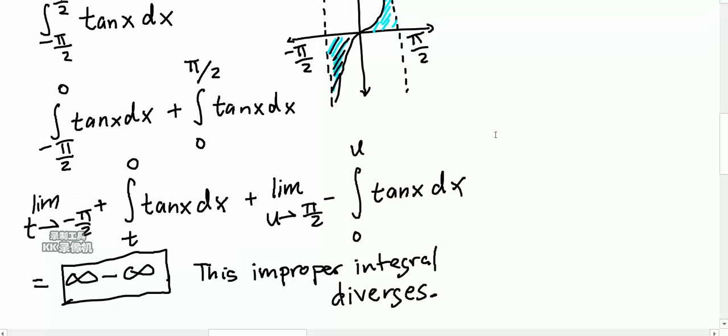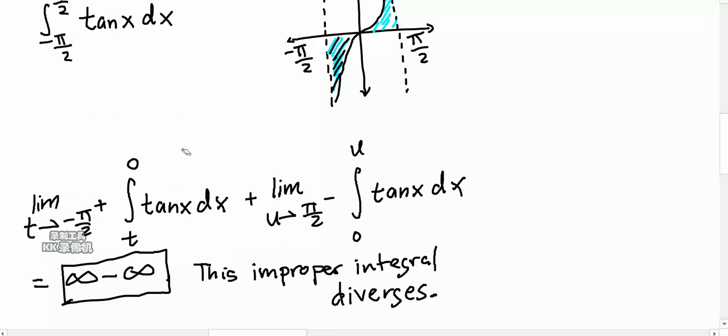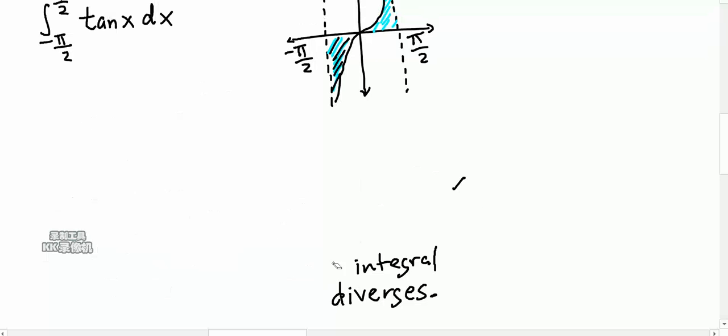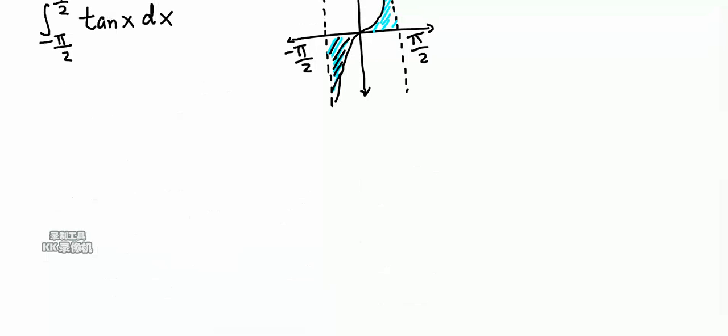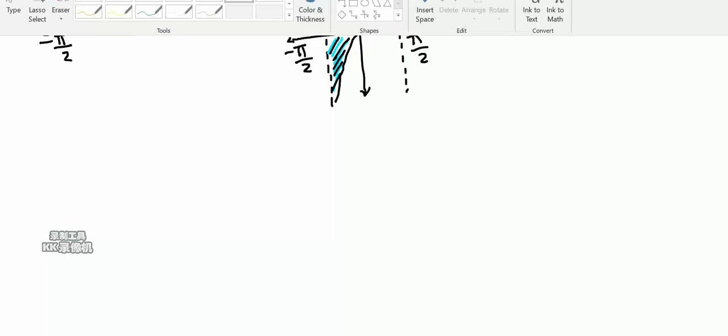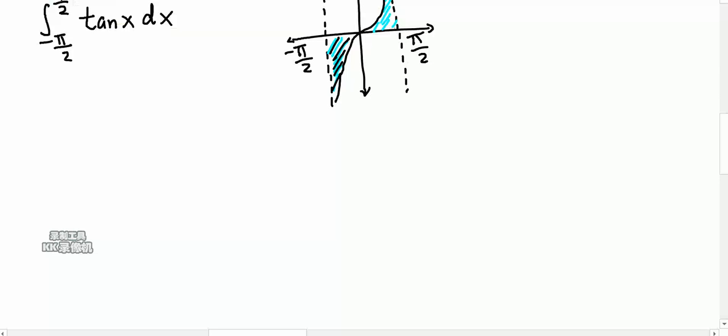So here's the deal. We're still evaluating the same improper integral, and the graph is still going to be the same. Except that now we're going to use the Cauchy Principal Value, essentially taking chunks of epsilon distances away from negative pi by 2 and pi by 2.